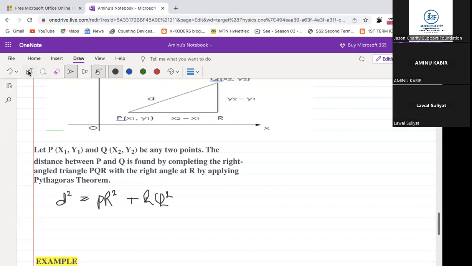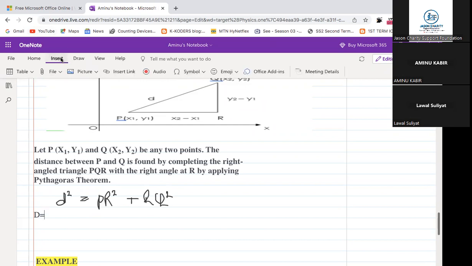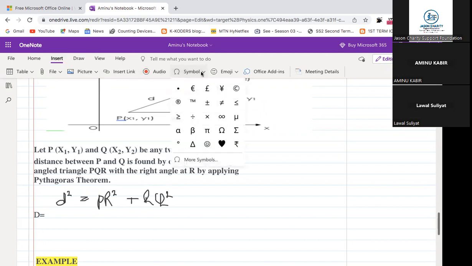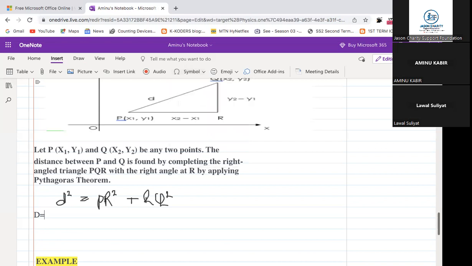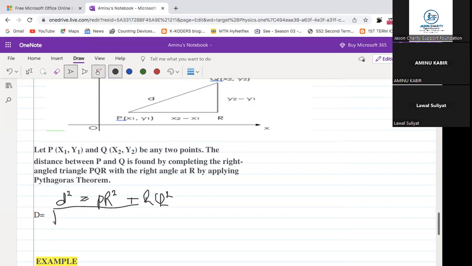So if we do this, d will be equal to the square root of PR square and RQ square.